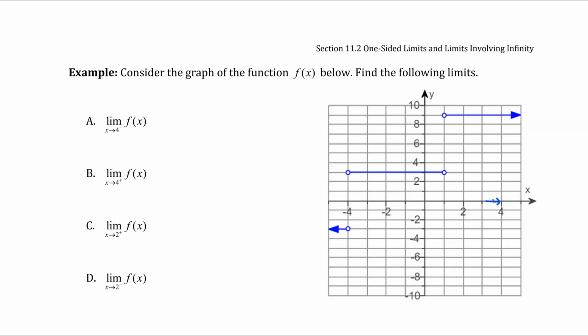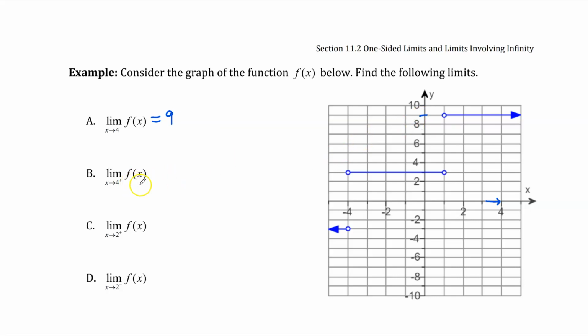These are the values, and let's get the corresponding value of the function. Your function values would approach this value here, and that corresponds to 9. So therefore, we say that the limit of the function as x approaches 4 from the left is equal to 9.